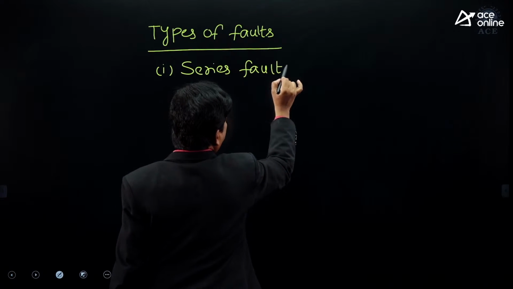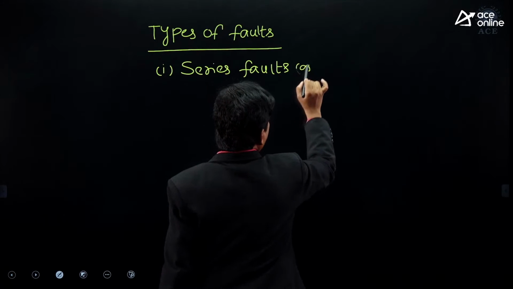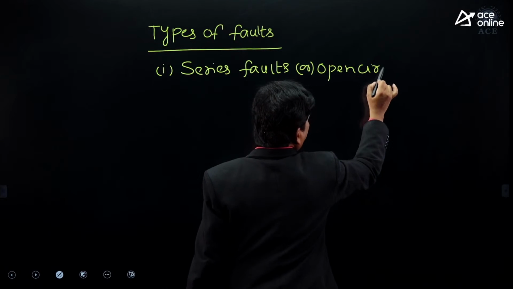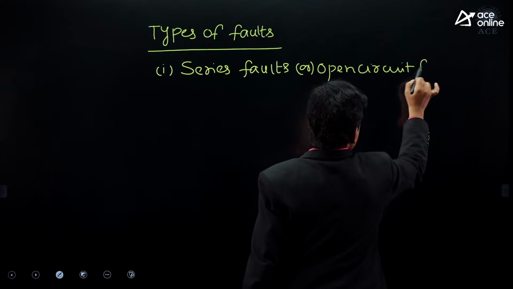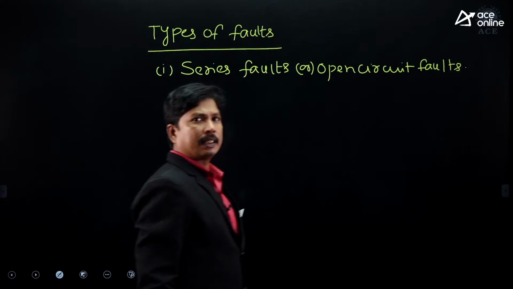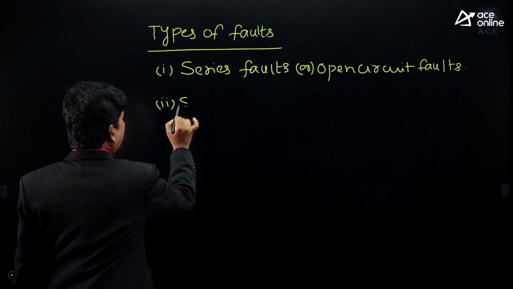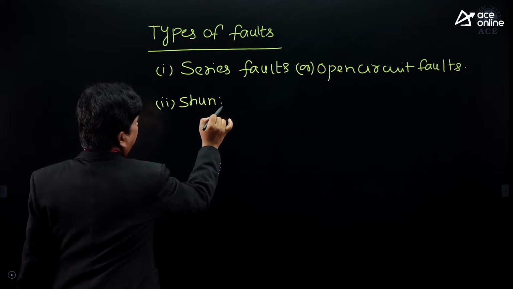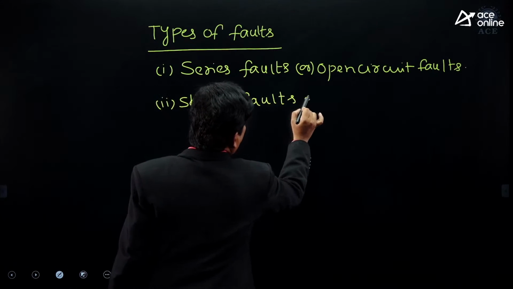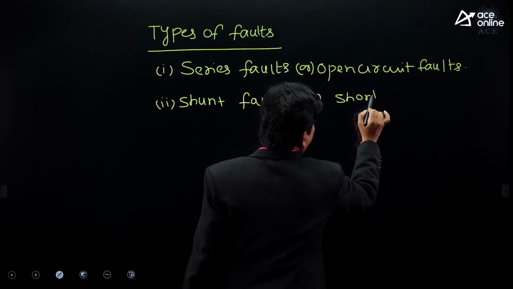The series faults are also called the open circuit faults. And the second one is the shunt faults. The shunt faults are also called the short circuit faults.